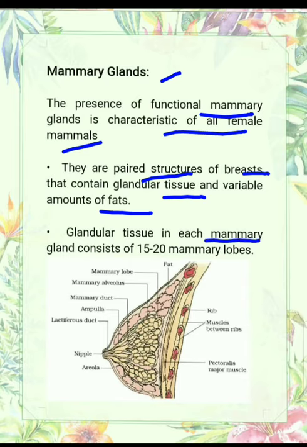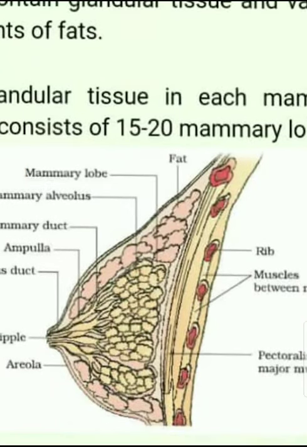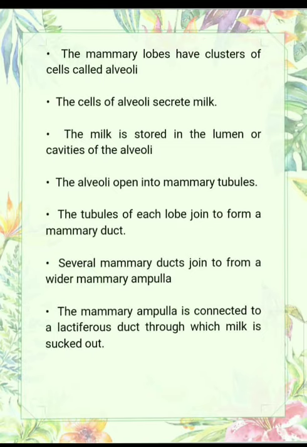Glandular tissue in each mammary gland consists of 15 to 20 mammary lobes. You can see in this diagram, these are the mammary lobes. The mammary lobes have clusters of cells called alveoli.